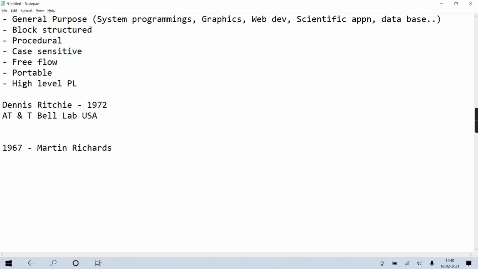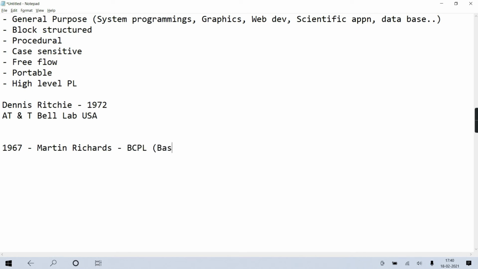Whereas these people had started doing work in computers at that time. So in 1967, Martin Richards developed one language called BCPL.